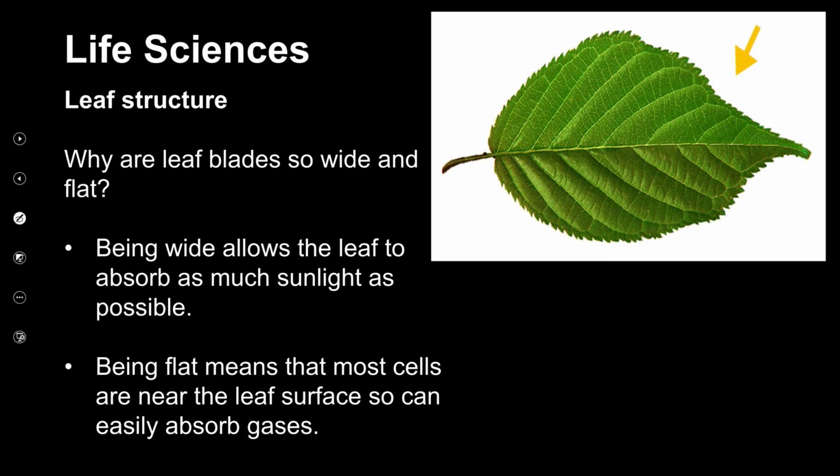Another point is that being flat means that all the cells are close to the surface so that all the cells can get gas. For photosynthesis, from previous years, you should know that cells need carbon dioxide, and being flat means they can absorb the carbon dioxide easily.